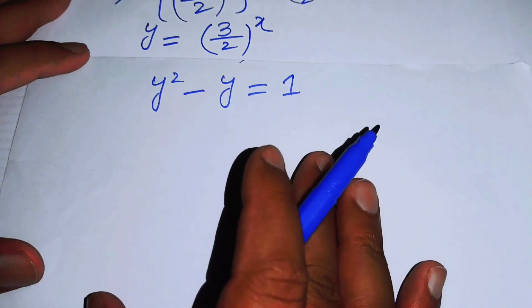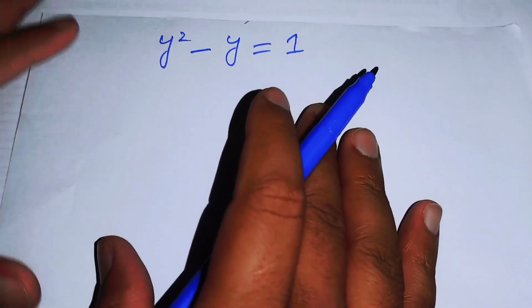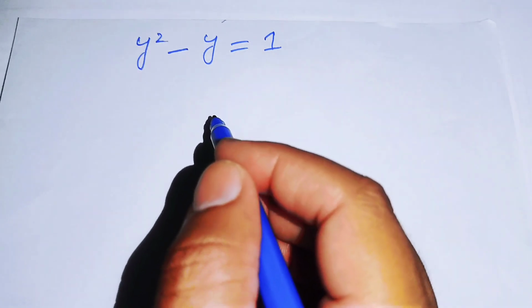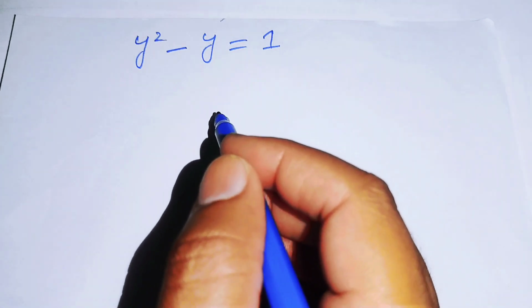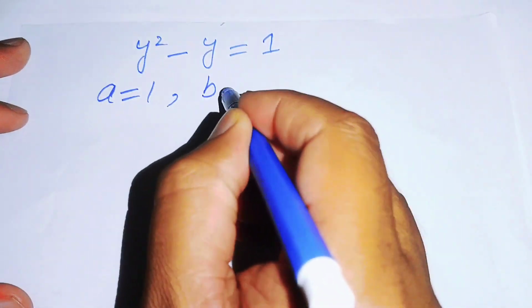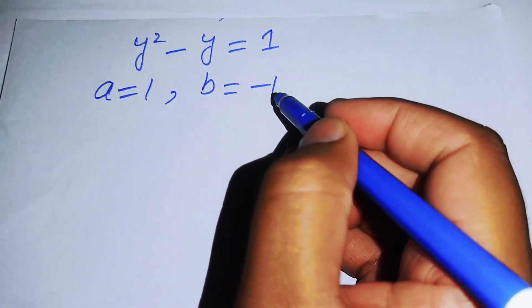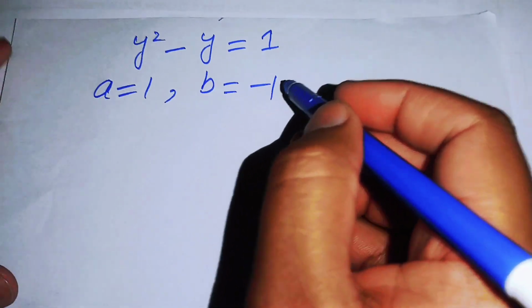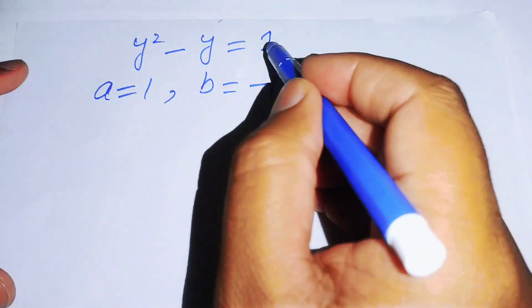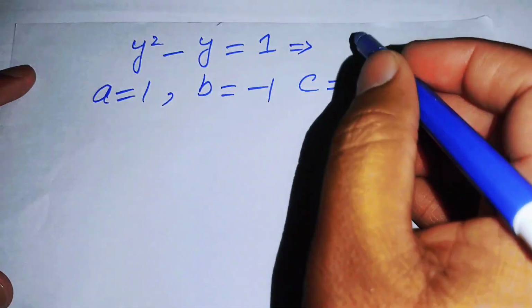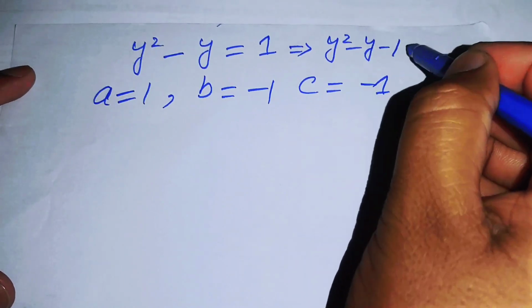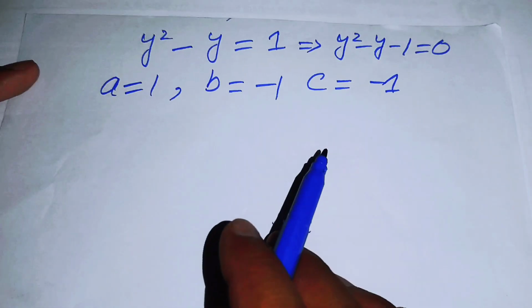Then I will solve this quadratic equation by factoring or by using the quadratic formula. Here a is equal to 1, b is equal to minus 1, and c is equal to minus 1, because when we move the 1 to the left hand side, we get y square minus y minus 1 is equal to 0.